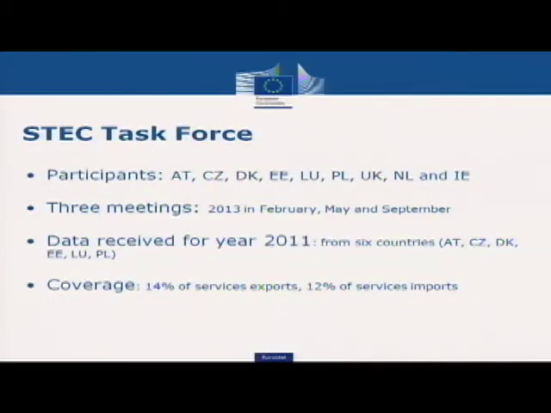Well, here you have some details about the task force. So we had 9 countries participating in the project. We had, as I said before, 3 meetings. And actually, what we have received so far is data from 6 participating countries. Well, in terms of coverage, you may think that this is not a big coverage.